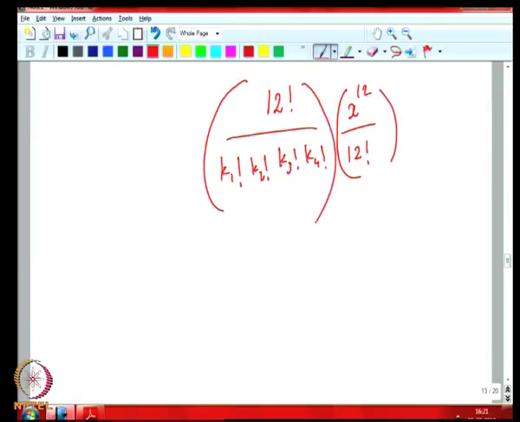This clearly is the number of ways to get the signal, provided we have decided to select k1 white flags, k2 red flags, k3 blue flags, and k4 black flags, because there are 12 of them, 12 factorial comes from that, and we are dividing by k1 factorial because there are k1 white flags, etc.